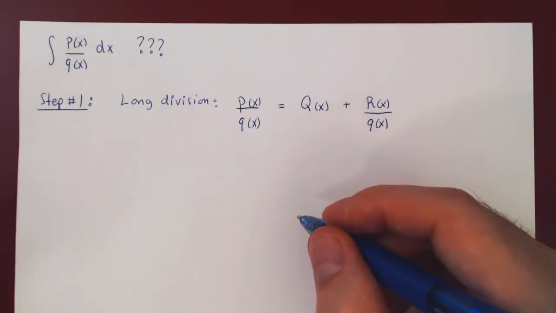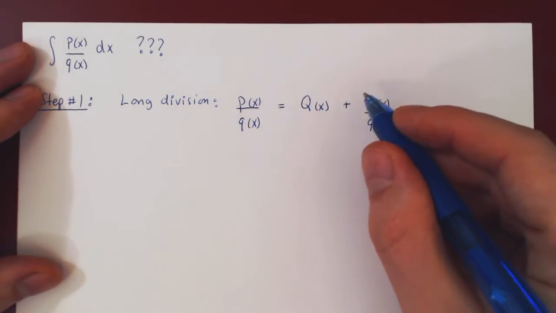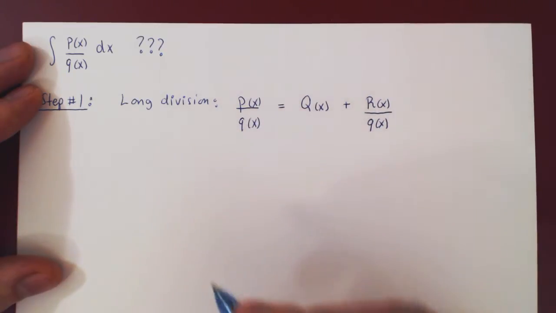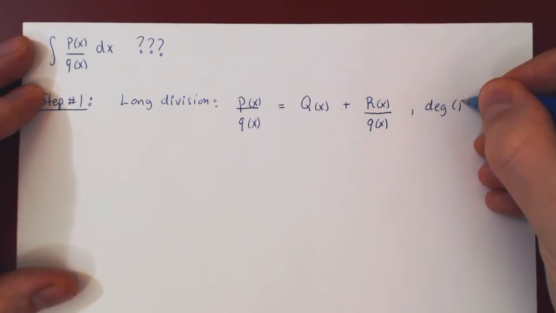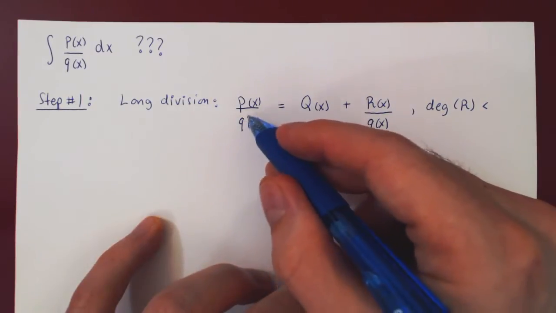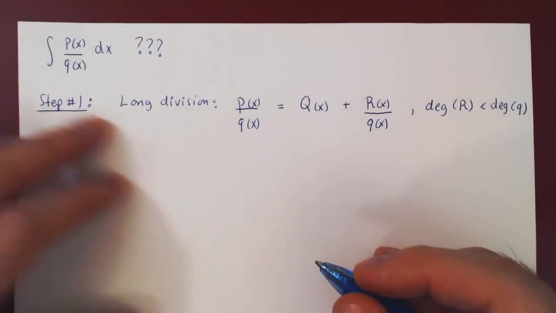And the long division gives you something that is important. The degree of the remainder is strictly smaller than the degree of the divisor. So I can write this: the degree of R is strictly less than the degree of our divisor, lowercase q. So that is the first step.